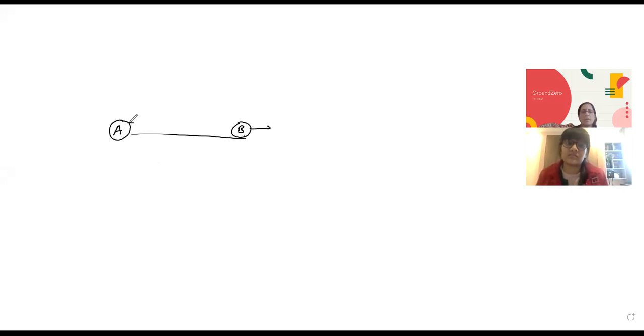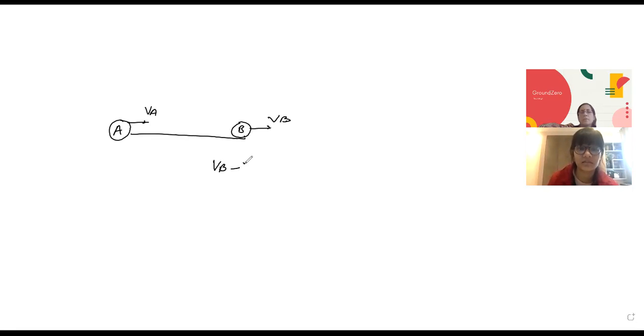Both are moving with velocities, let us suppose this is VA and this is VB, right? And if I ask you, with respect to A, what will be the velocity of B? So how do you do that? So it will be VB minus VA.